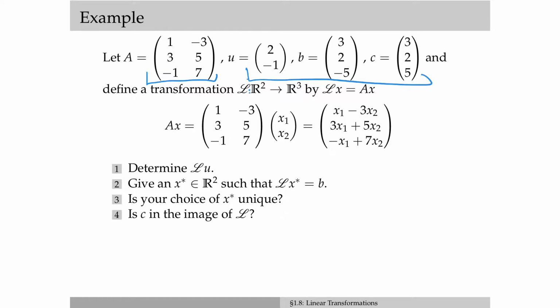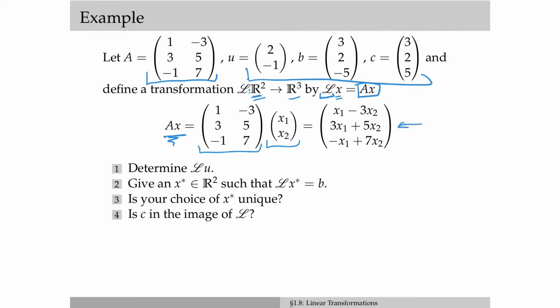Now I define a transformation L from R2 to R3, and I define it by saying the linear transformation L operates on a vector X inside of R2 by saying do this matrix product AX. Well, I spell that out for you right here. What is AX? Well, this is A, and this is some arbitrary X. We learned in the last section that this can be rewritten in that manner.